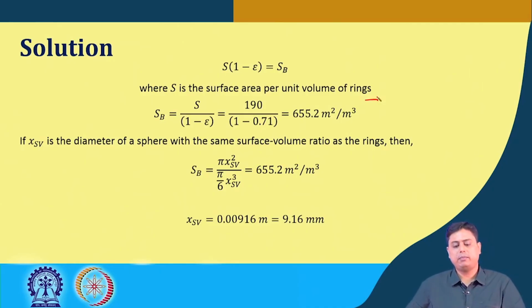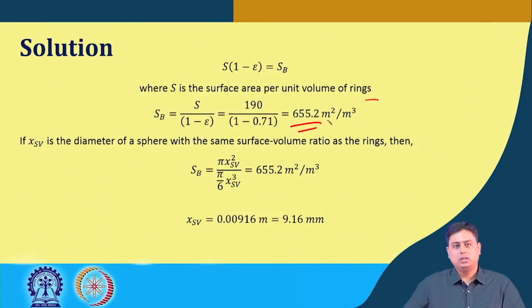This multiplied by 1 minus epsilon is that value, the SV that is given. This we have discussed earlier, which means the SB that is here is 655.2 meter square per meter cube.